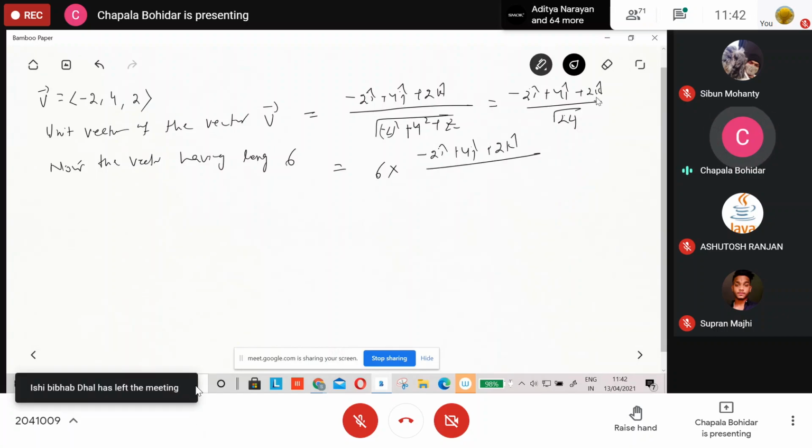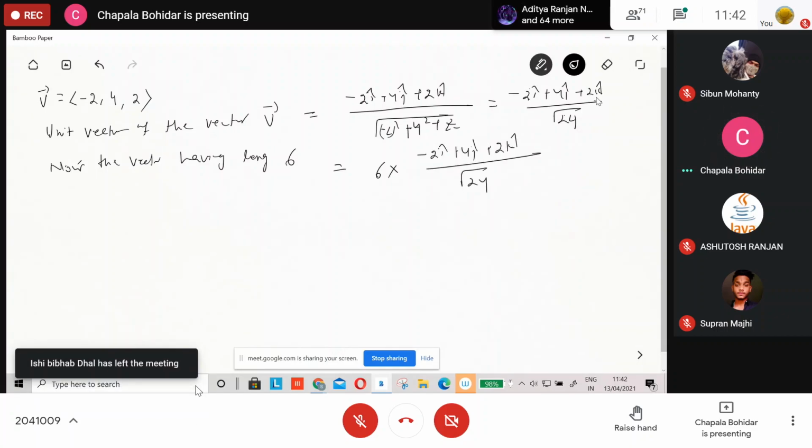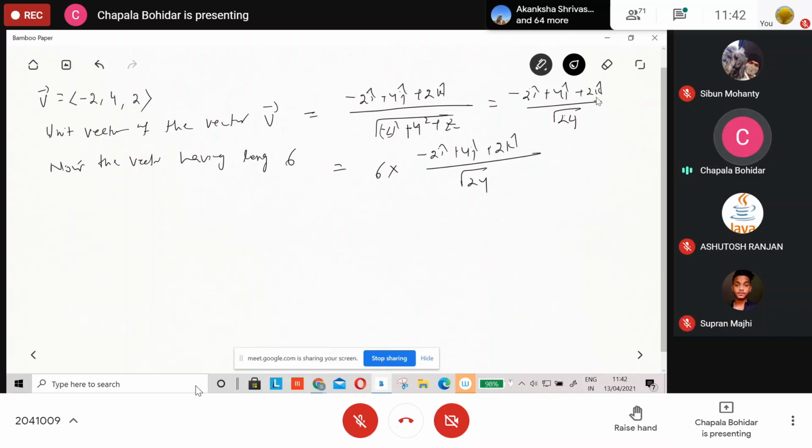It is a vector. Simplify yourself. It is root 6, 2 into root 6. We can cancel that. Simplify yourself.